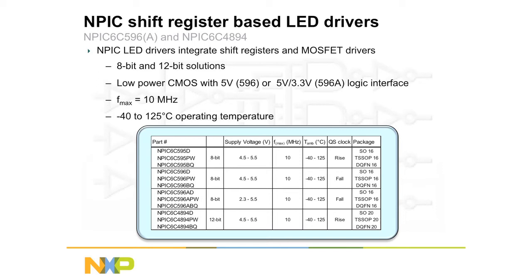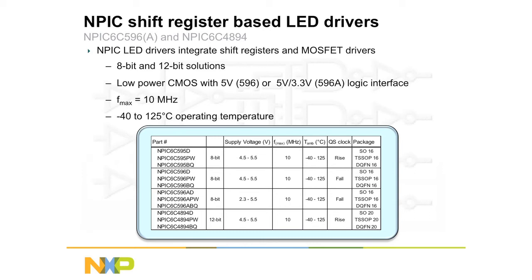For the NPIC 6C595 and NPIC 6C4894, the same rising edge is used to clock data to the serial output QS. The NPIC 6C596 and the NPIC 6C596A delay the serial output to the next falling edge of the input clock.